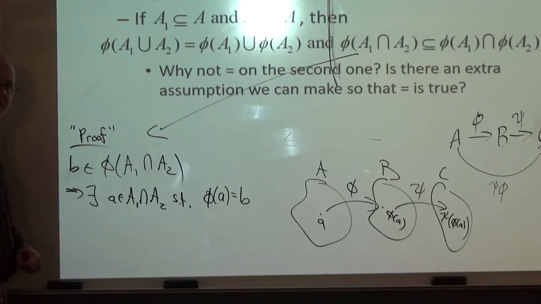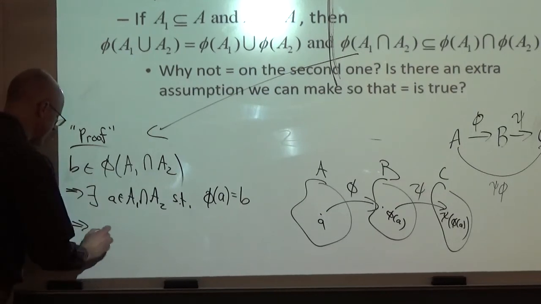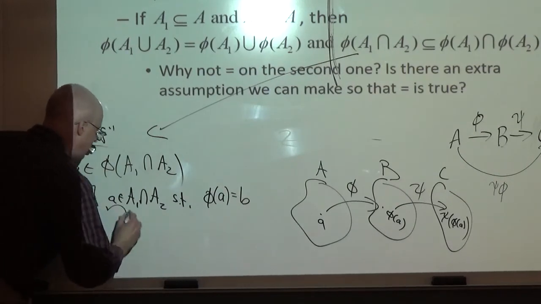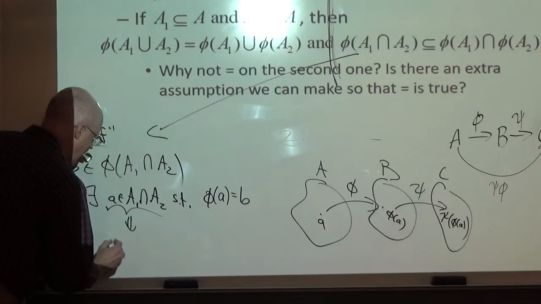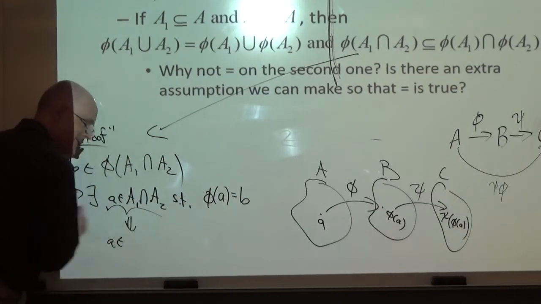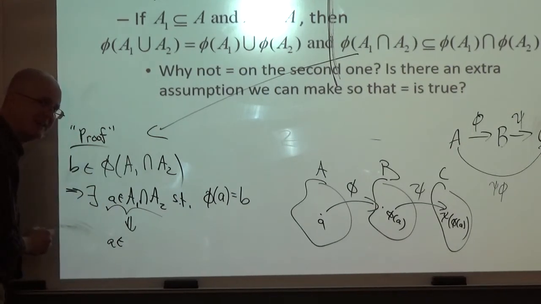That's what it means for B to be an element of the set. A is in the intersection of A1 and A2. What does that mean? This implies what about A? Can you finish it for me?